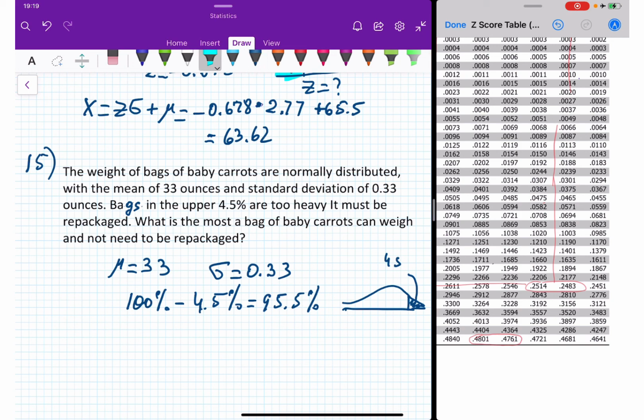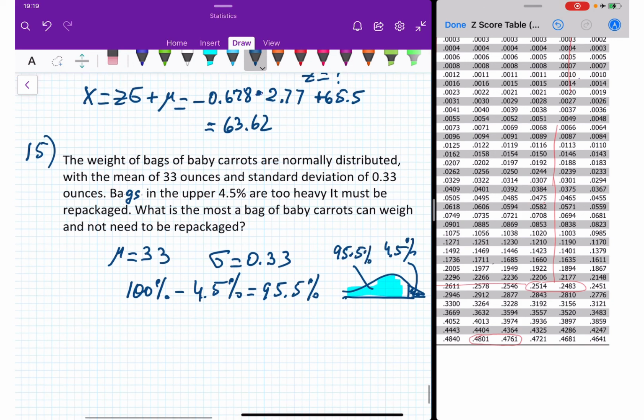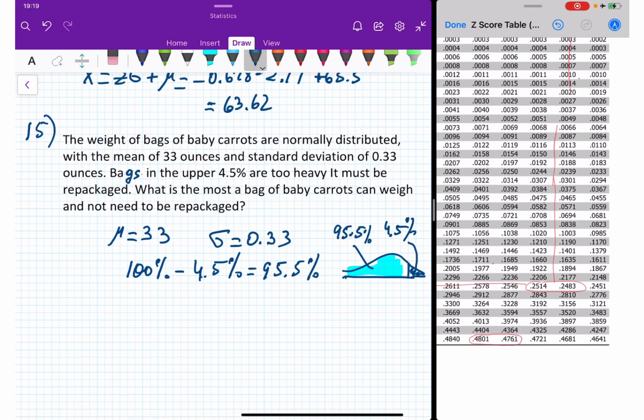So which means this one is 95.5%. Okay, so all we have to do, find 0.955.